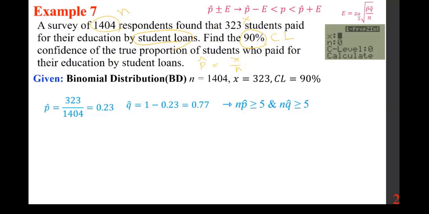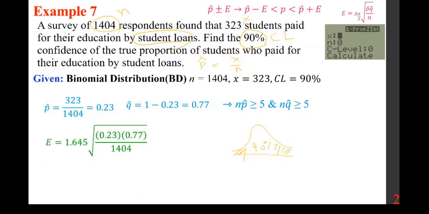We are going to the normal distribution. Having said that, we need to use this formula: E is z alpha over 2 times the square root of p hat q hat over n. And then you really need this 90% in between. These are the tails, and you need to look up the z-score. We remember it's one of those common ones, or you can pick it up from the table: 1.645.